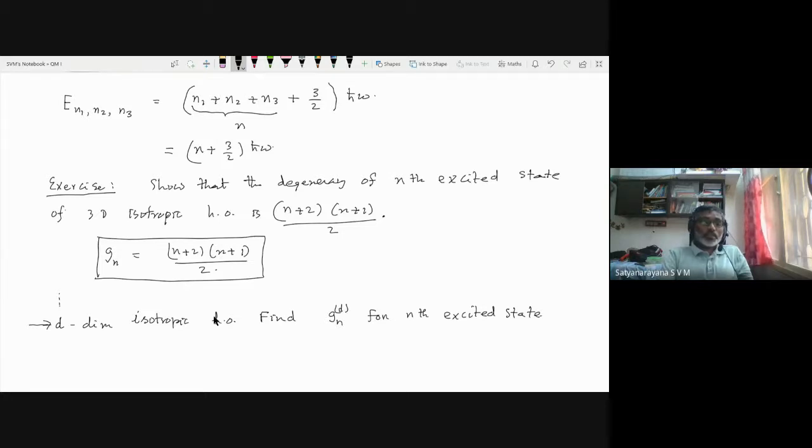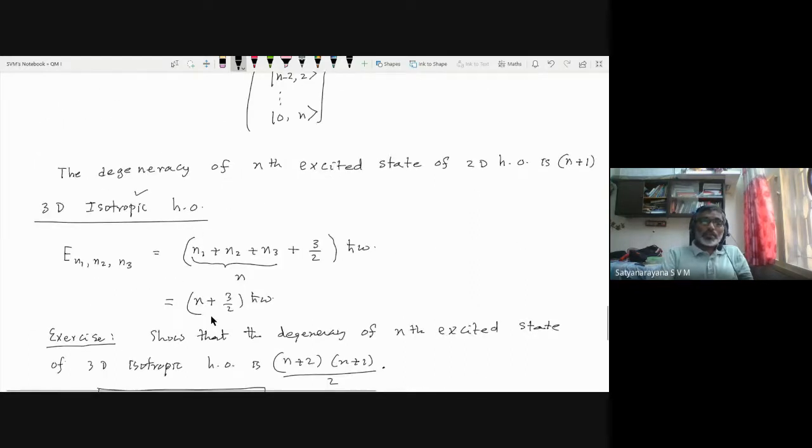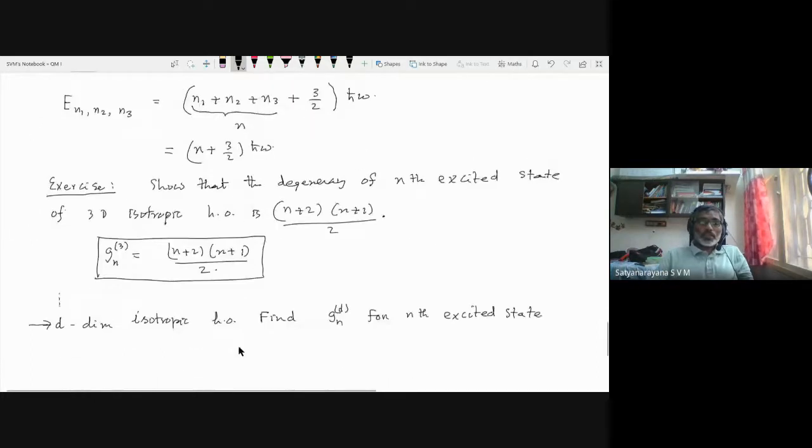So in that case, this will be Gn3, and here you have Gn2, which is n plus 1. Whatever general formula you get, when you put d equal to 2 and d equal to 3, it should give rise to these formulas.